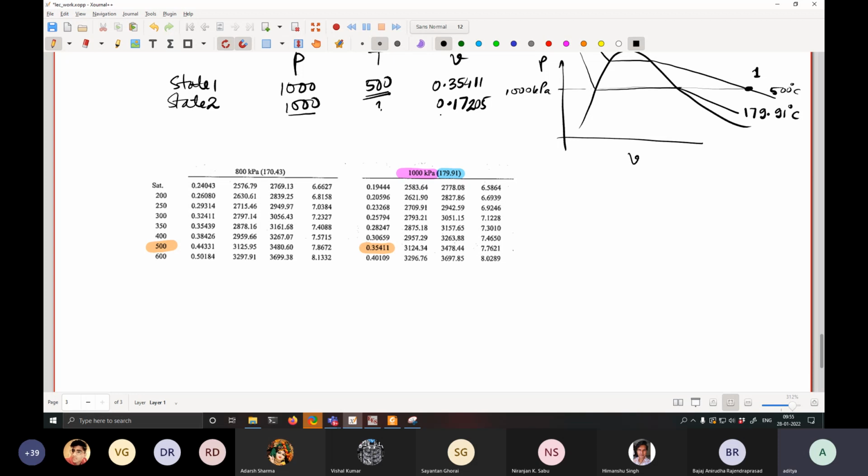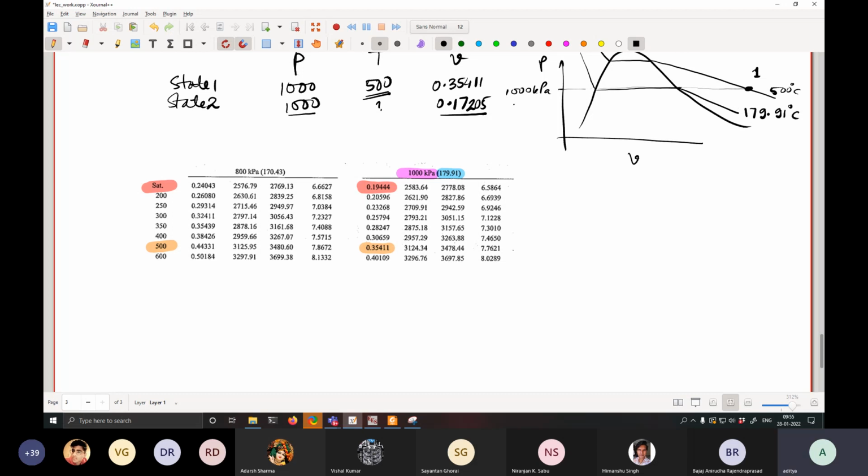The specific volume is half of what we had and the temperature is not known. Now here is the tricky part. I mean, I'm saying a tricky part, but at saturation at 1000 kilopascal, the specific volume is 0.19444. So what does that mean?